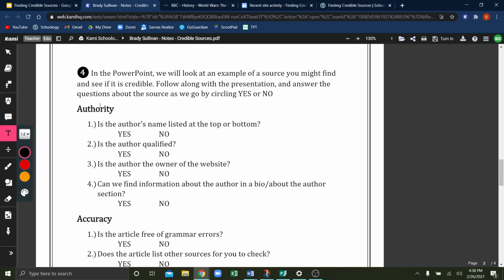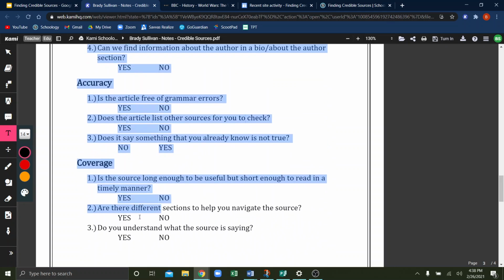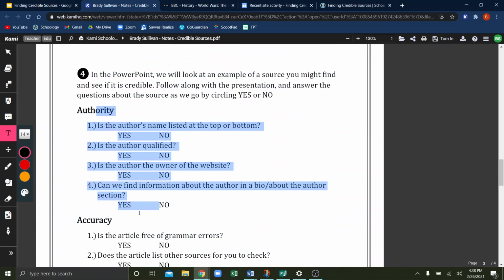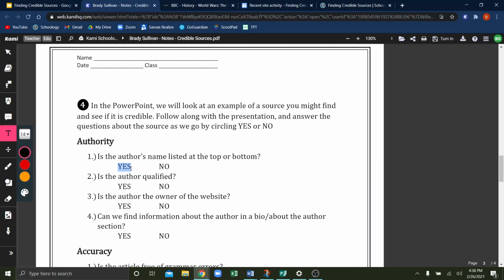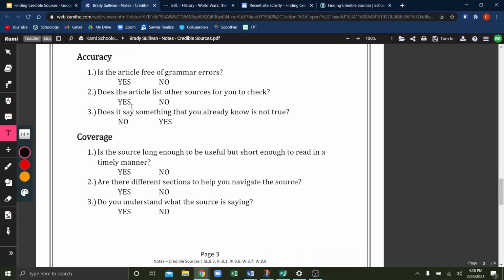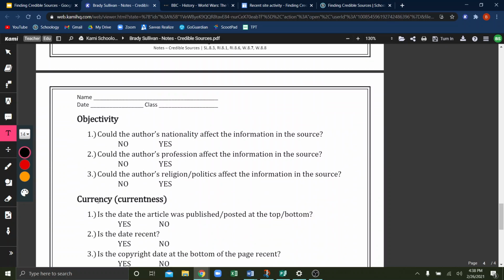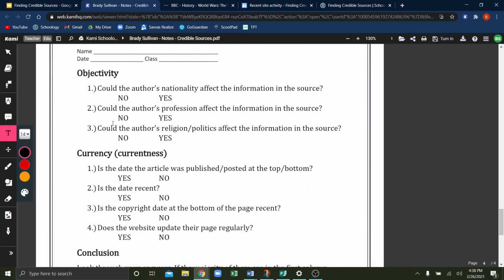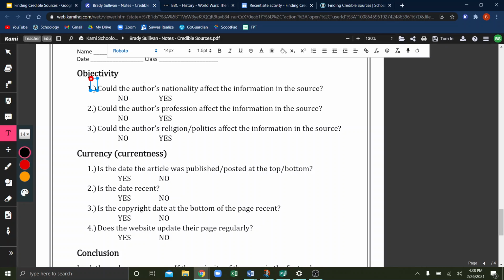We looked through our article here, and I've just now determined that I should have been highlighting these as we go. We have a yes, yes, no, yes. We should have a yes, yes, no, yes, yes, yes. Okay, most of our things are going to be in here, except for objectivity.